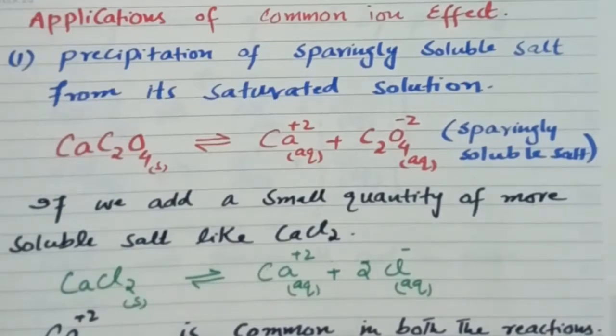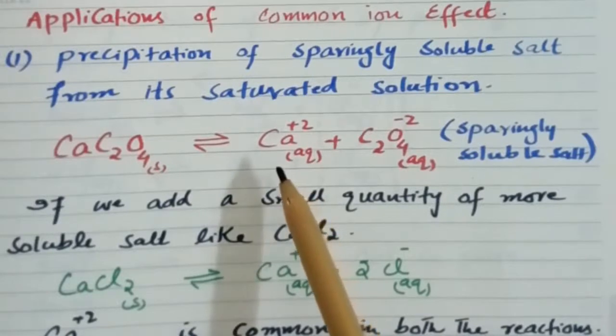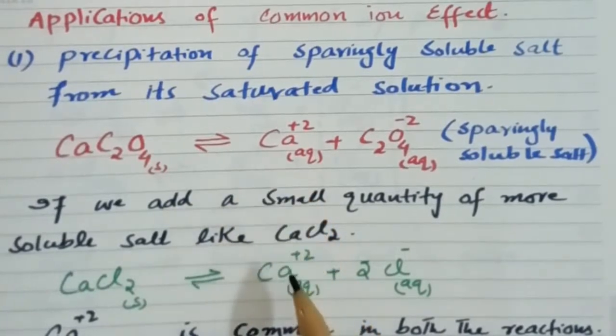If we add a small quantity of a more soluble salt like calcium chloride to this solution, calcium chloride will also ionize to form calcium ion and chloride ion. Now again, in both reactions calcium ion is common, as both are present in one reaction mixture.